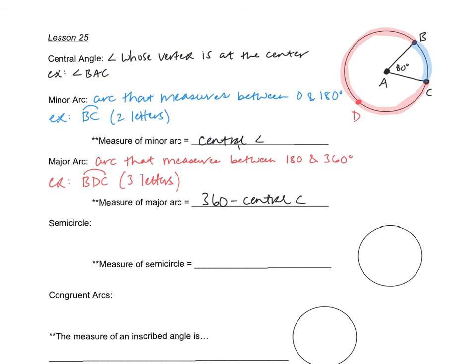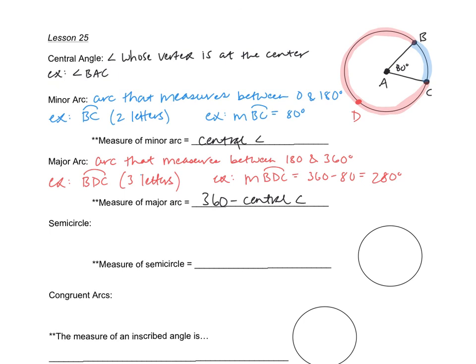That means we know the measure of our arc BC is going to be 80 degrees. This means that if we look at the measure of the major arc, we're going to take the measure of arc BDC, and we have to do 360 minus 80 degrees. So that's going to give us 280 degrees.